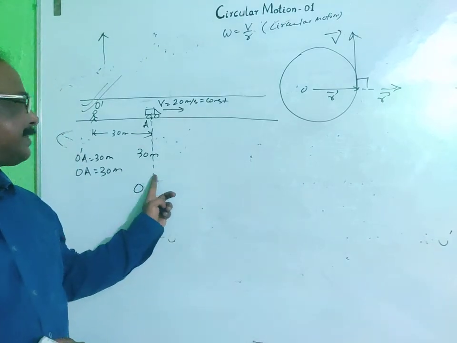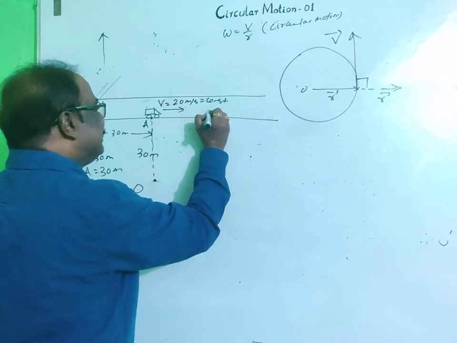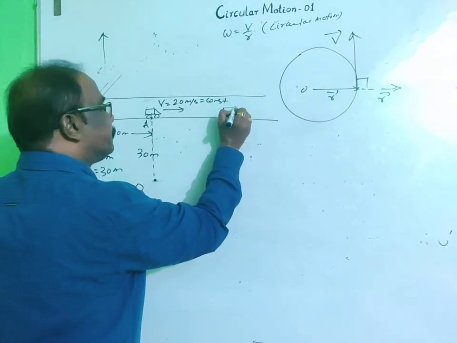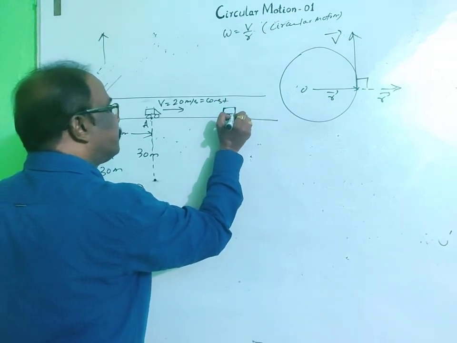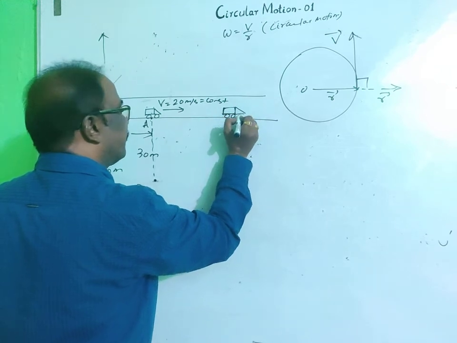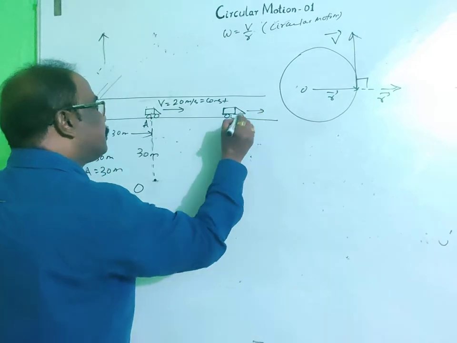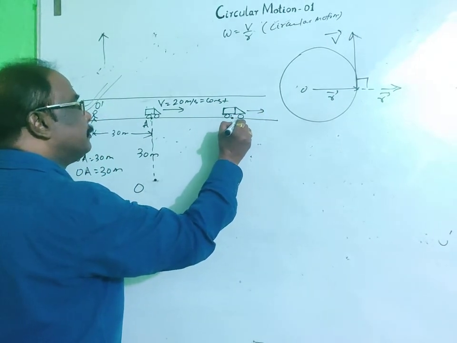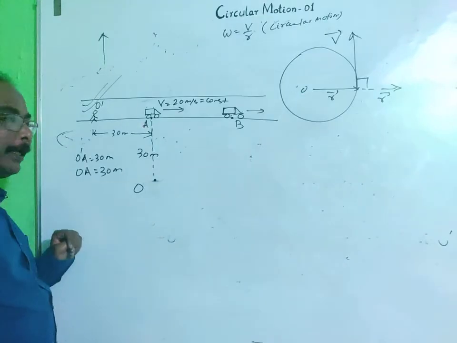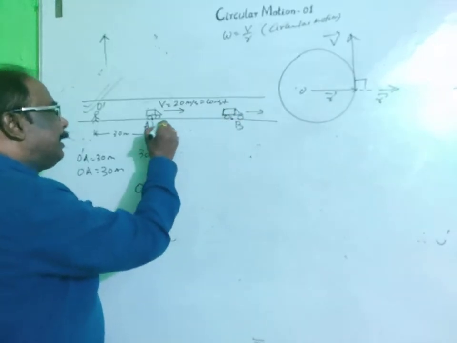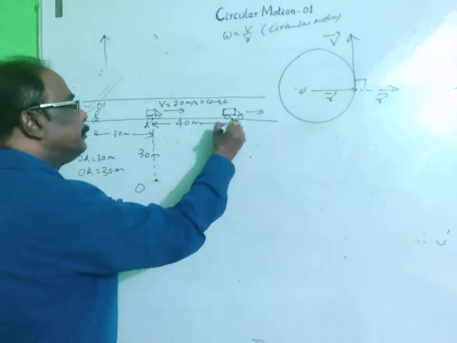Now let the vehicle reach this position, and let this position be B. Let the vehicle have travelled a distance of 40 meter from A to B.